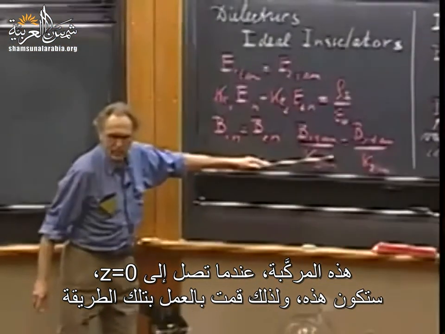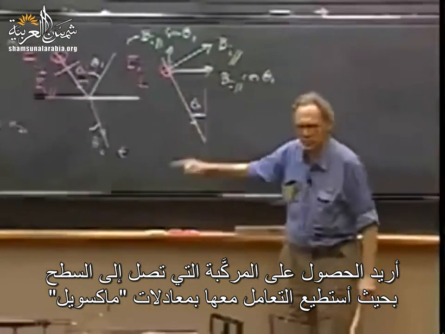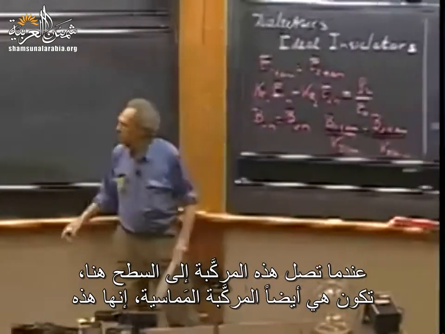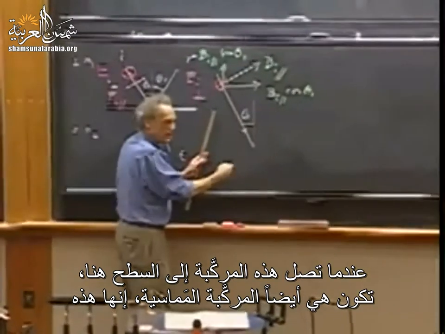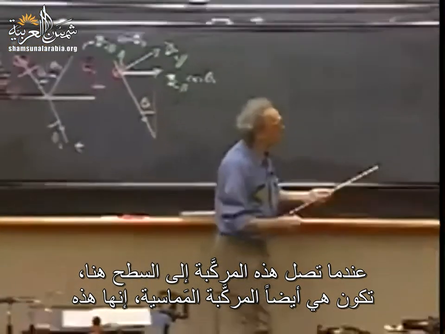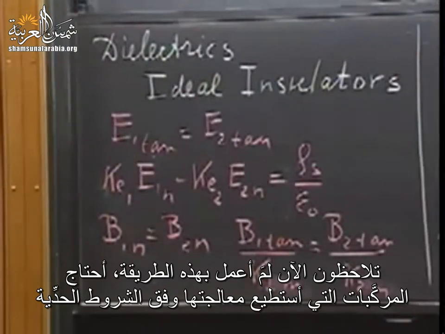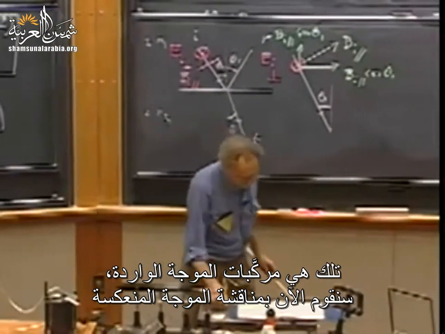That's why I'm doing it that way. I want to get a component that hits the surface that I can handle with Maxwell's equations. And when this component hits the surface, that is also the tangential component. So you see now why I'm doing it this way. I need components that I can handle with the boundary condition. So that is the incoming stuff.